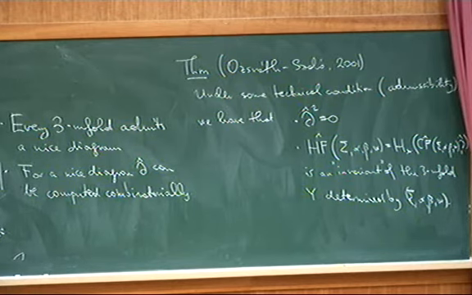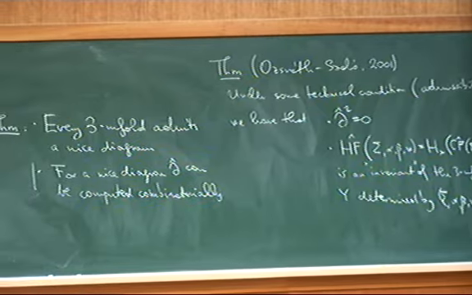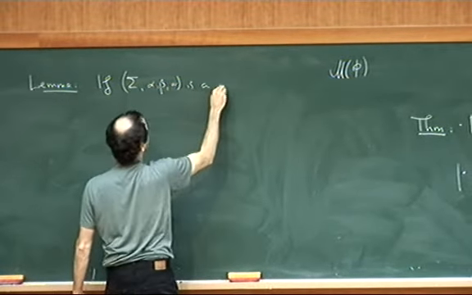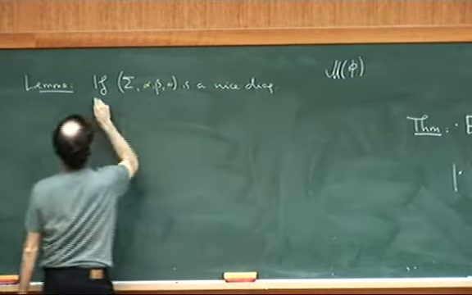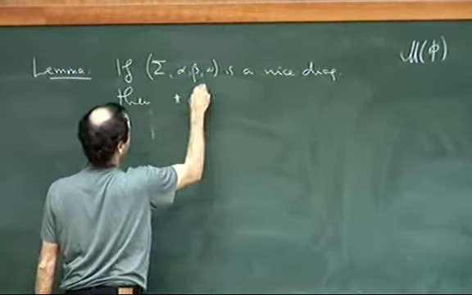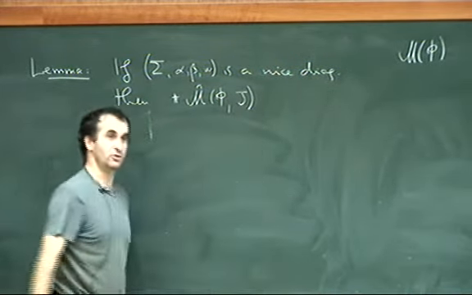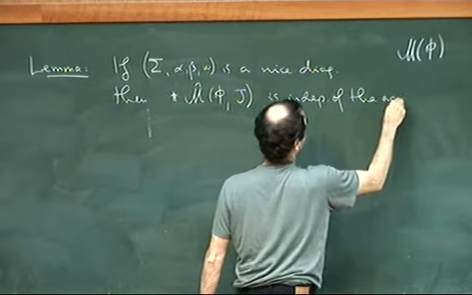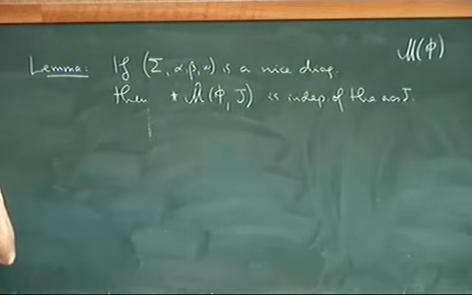So the first lemma: if sigma, alpha, beta, w is a nice diagram, then this number, which a priori depends on a chosen almost complex structure, is independent of the almost complex structure J. So why is that?